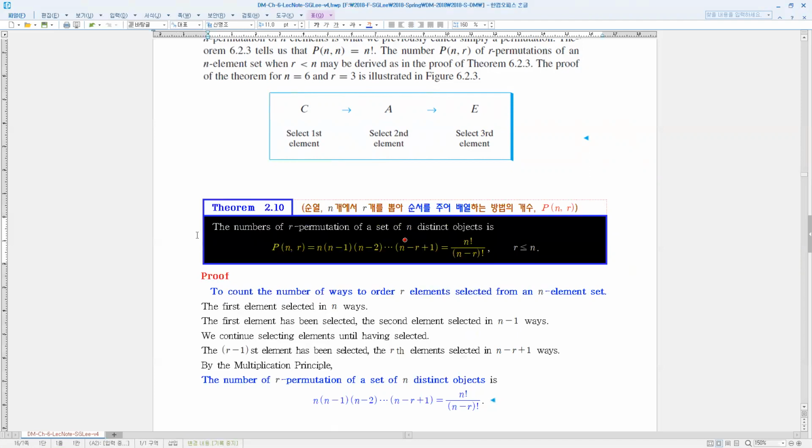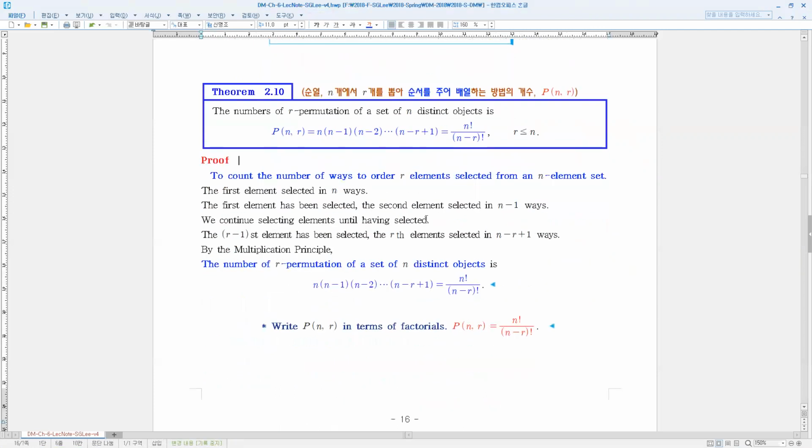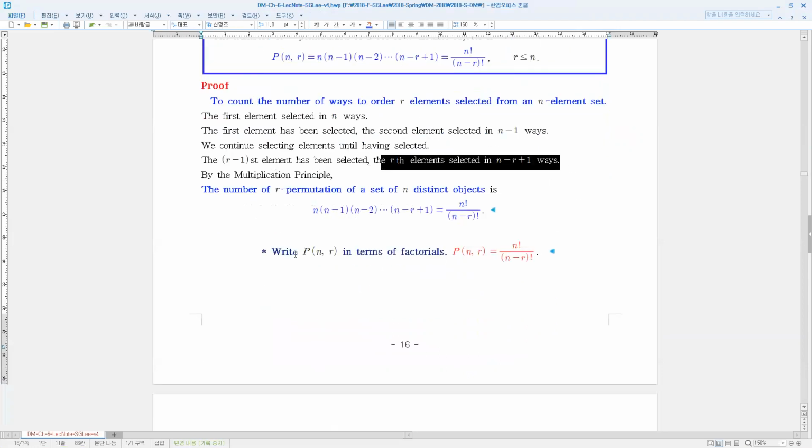So this is the R permutation from n. Okay, this is what I said. The first one has n choices, the second n minus 1 choices, until the R-th element is selected in n minus R plus 1 ways. So by the multiplication principle, the product of this gives us this.